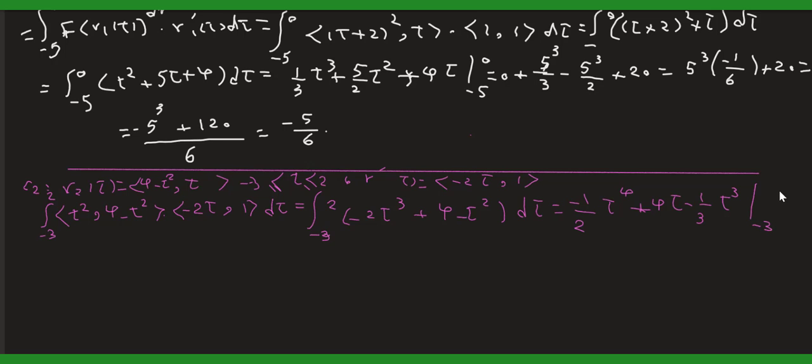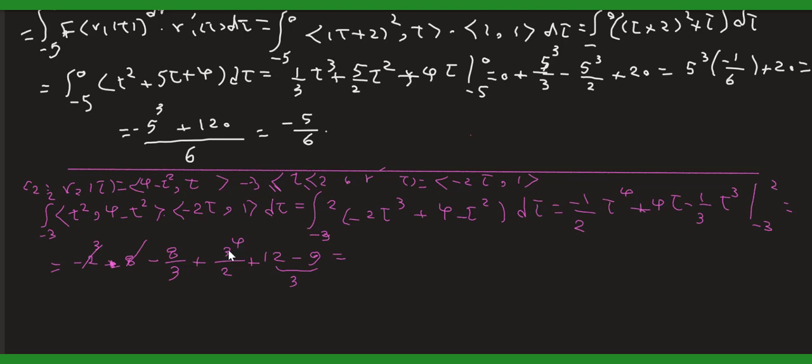So here 2 to the power 4, so we will get minus 2 to the power 3 plus 4 multiplied by 2 is 8, so this will go minus 1 over 3 times 8, minus, we will put minus 3, minus in minus is positive, but with here minus we will get again positive, 3 to the power 4 over 2, minus 4 times minus 3 will be positive, this minus is again minus, 3 squared is 9, 12 minus 9 is 3, and here we have minus 16 plus 81 over 6.